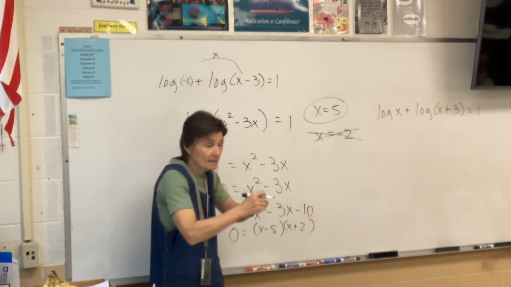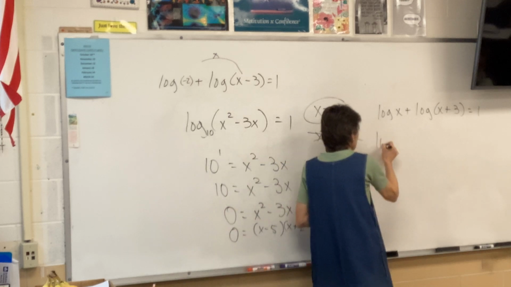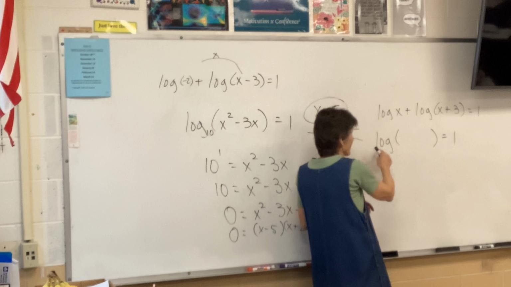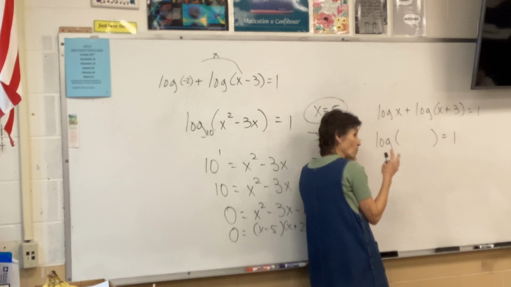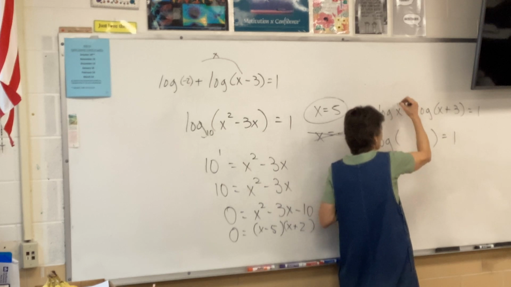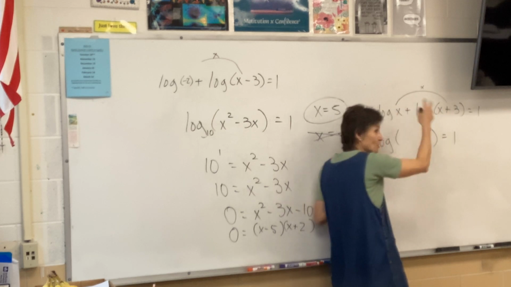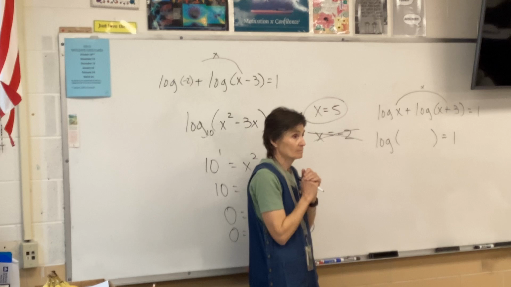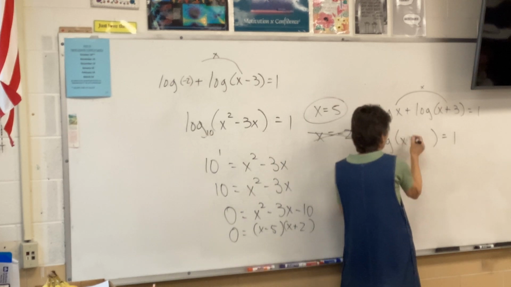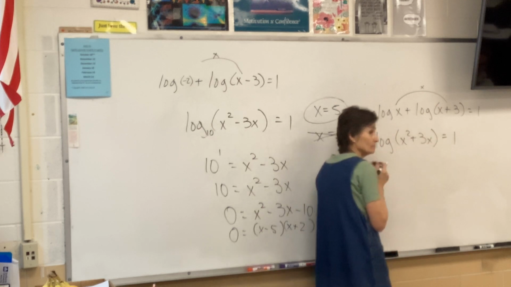Squish it together. One logarithm now, instead of 2, you're going to squish it and make 1. And since that's a plus, we're again going to multiply these two together. So that'll be x squared plus 3x this time.